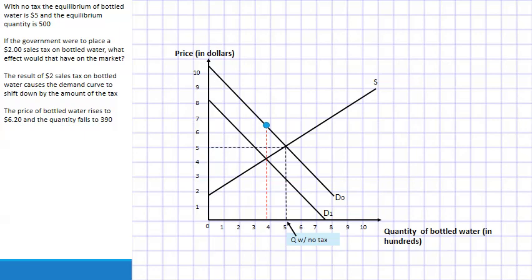When you look at this, you have to go up above the new equilibrium, because consumers pay above that amount, because they're paying that tax above that amount. Now, that amount between equilibrium and that point there is not necessarily going to be $2. It can be any amount in between, and it's entirely dependent on how elastic the curves are, and that's something we'll look at. So that's the quantity with tax, 390.